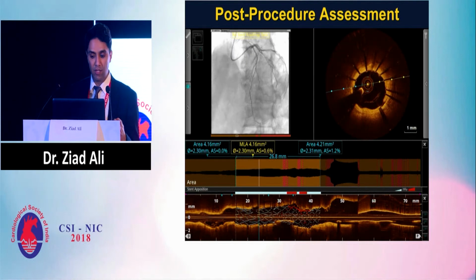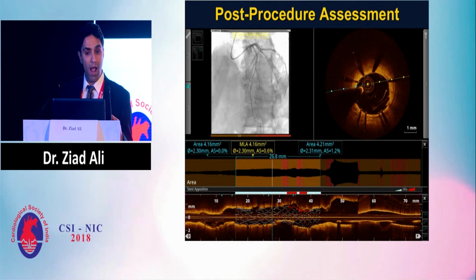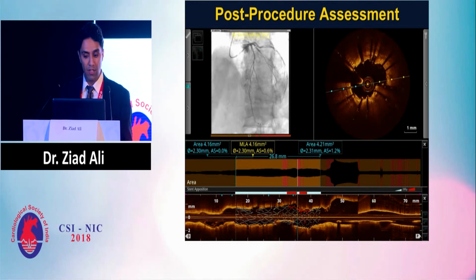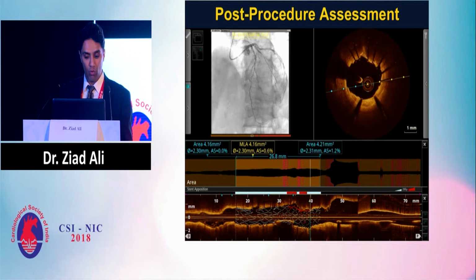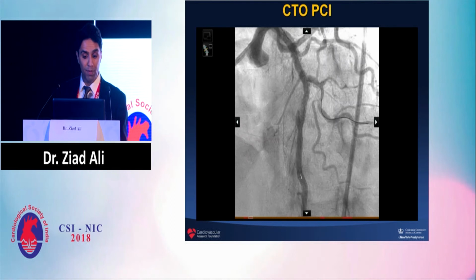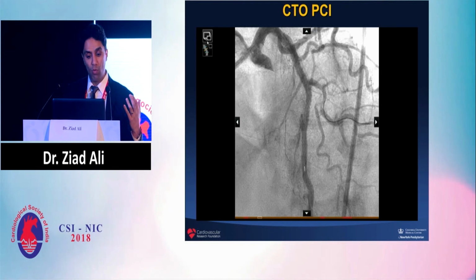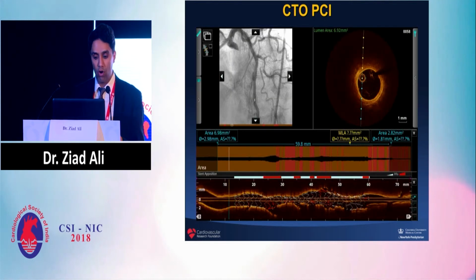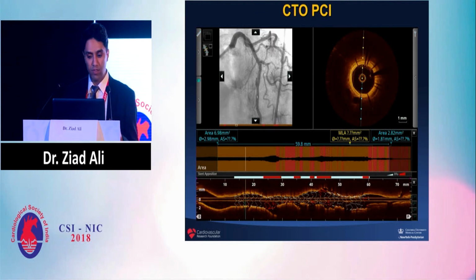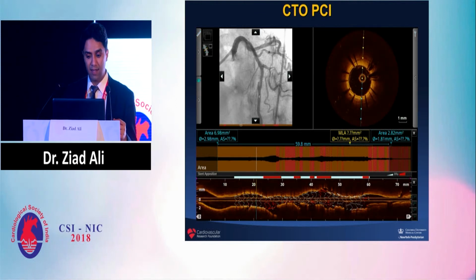It can be performed extremely rapidly to look for problems with the stent, such as tissue protrusion, major malapposition, edge dissections, and of course, expansion. We can also use this in CTO PCI, particularly after the wire has crossed. This is a reverse CART case in the main LAD, where we perform a post-PCI OCT and identify excellent stent expansion.